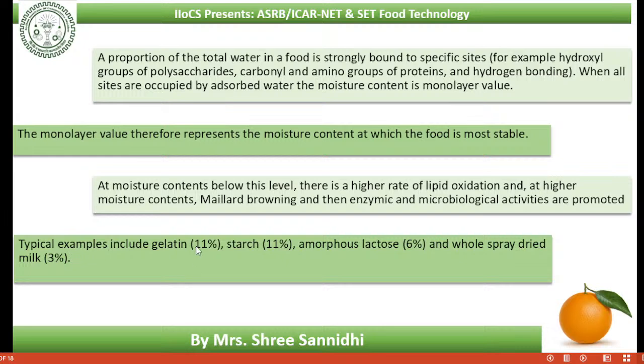If you remove moisture below this, you will have problems like lipid oxidation, or if you go above this moisture content, you will see enzymatic browning or microbial activities. So it is very important to get that exact monolayer value, the exact content of moisture.